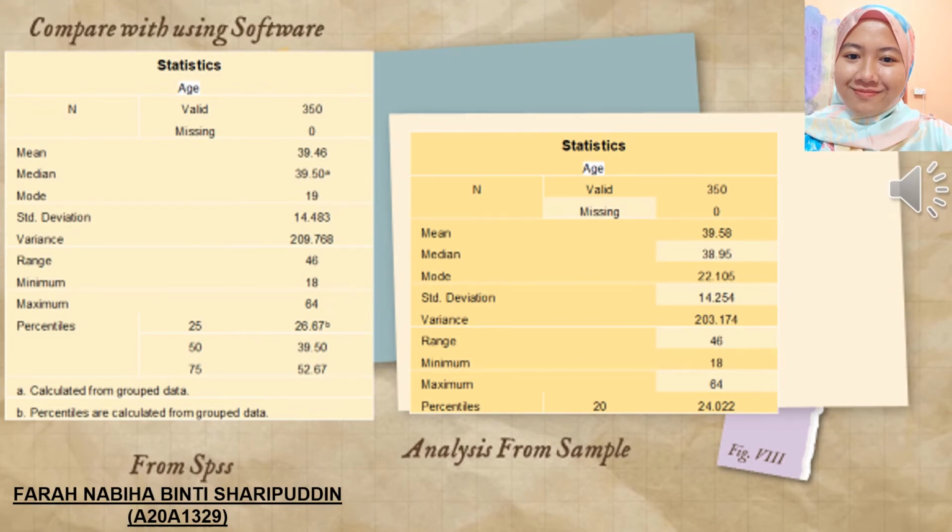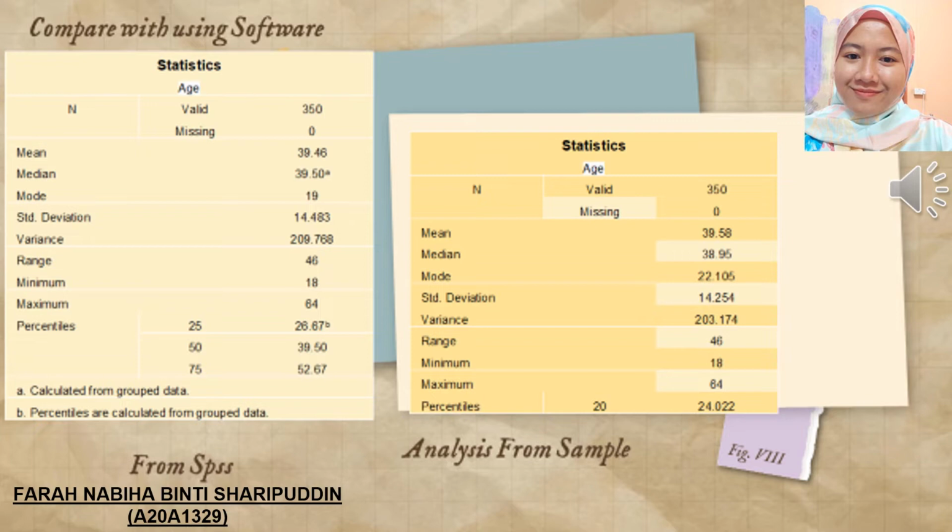The last part is numerical descriptive measure compared with using software. The right side is from sample and the left side is from SPSS. We look at the mean from SPSS, we got 39.46. Compared with the analysis from sample mean, we got 39.58.